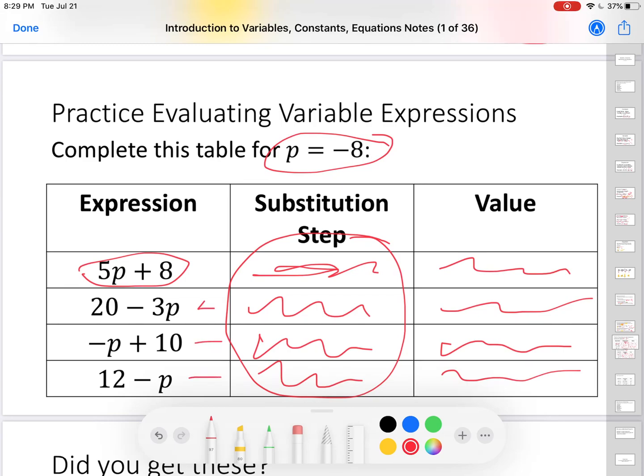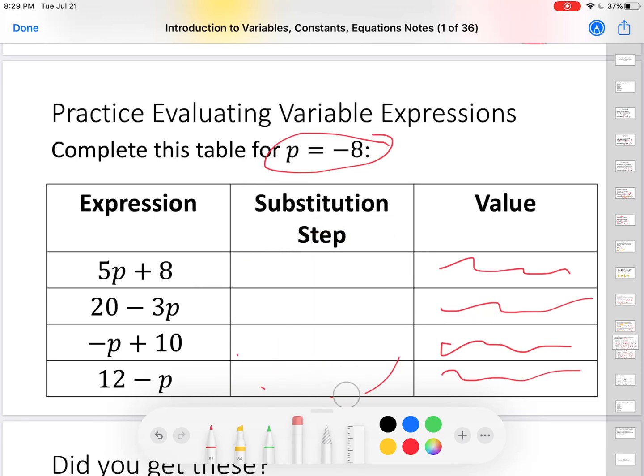Here are the expressions that you're going to use. In every case, p is equal to -8. We're not changing the value of the variable this time. It's going to stay the same for all of them. All right, give you a few minutes. Pause the video if you need more time.